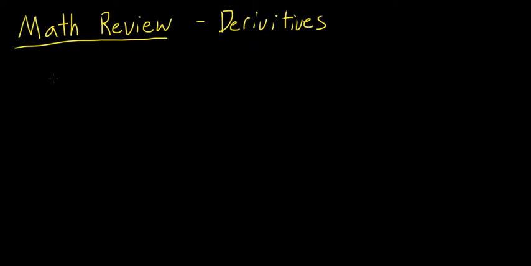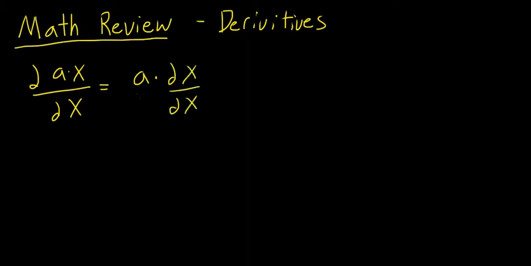So the first rule is when something is multiplied by a constant. If I have, for example, a times x, where a is a constant, and I'm taking the partial derivative with respect to x, then that is equal to a times the partial derivative of x with respect to x, meaning that you can pull any constant outside of the derivative, take the derivative, and then multiply it back on.